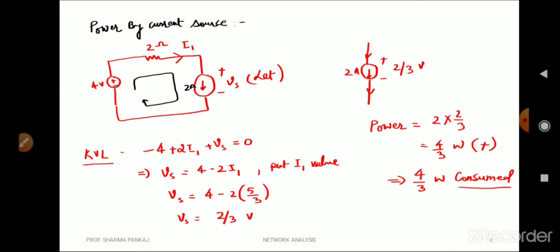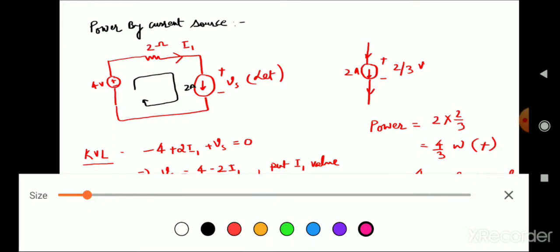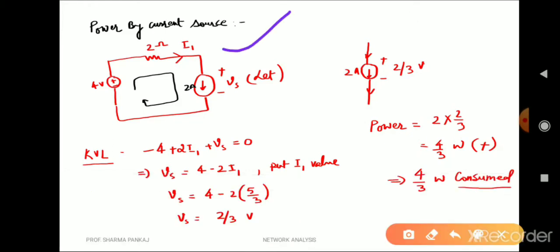Now let us come to the point of power by the current source. I have drawn the current source here separately. This is your current source.